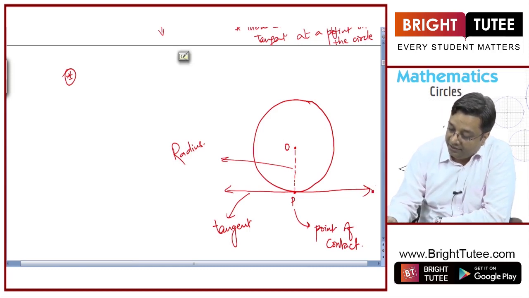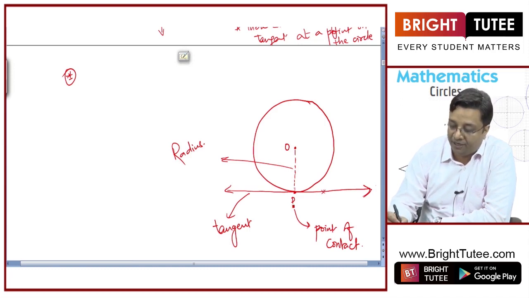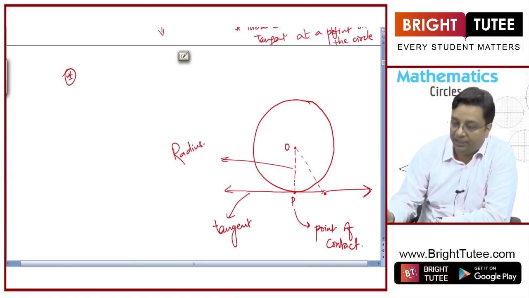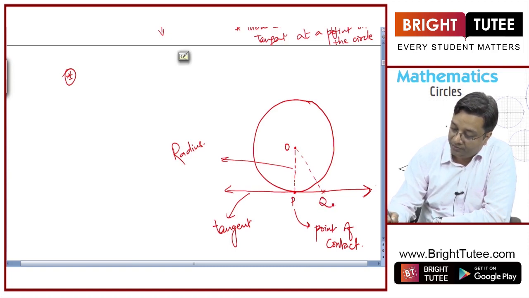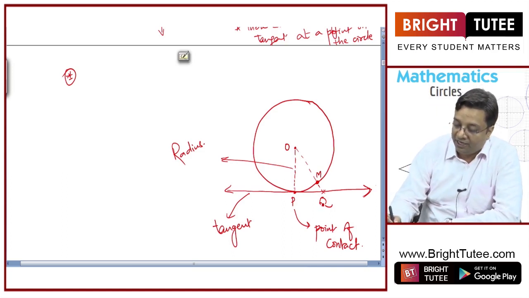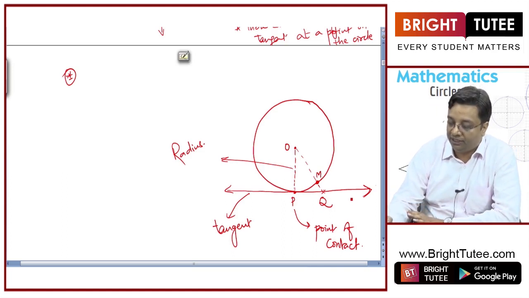Now on this tangent line, if you take any other point apart from P, and join this point with O, let us take this point as Q and this point as M, okay. Now I have taken any random point on the tangent apart from P, right.